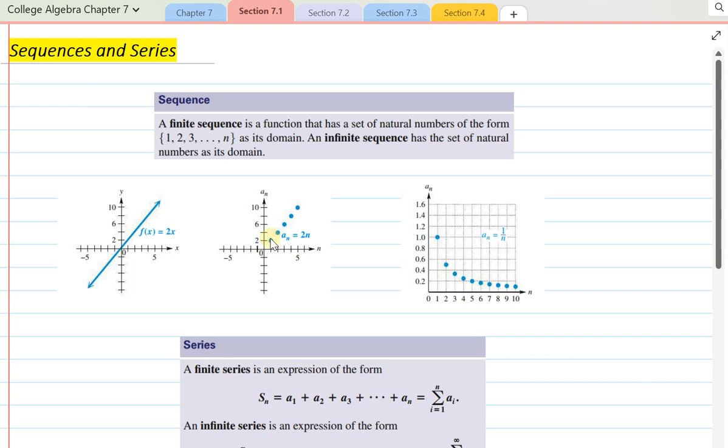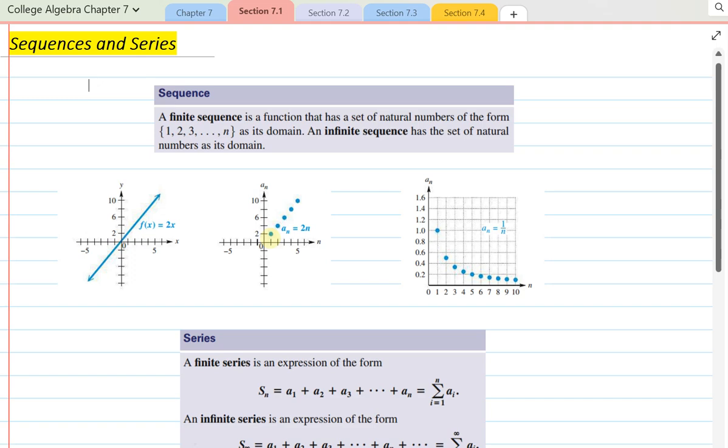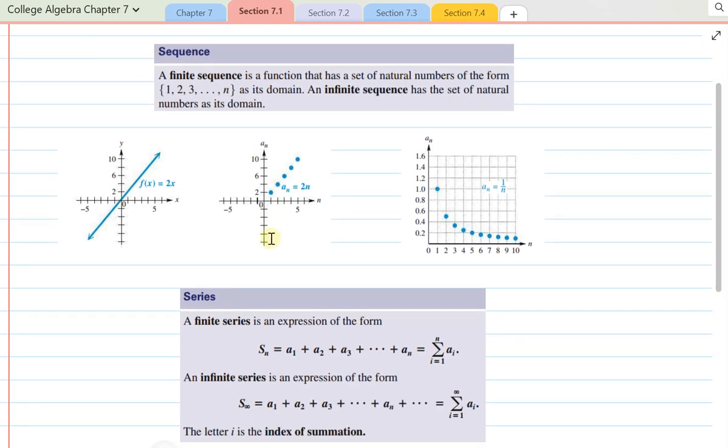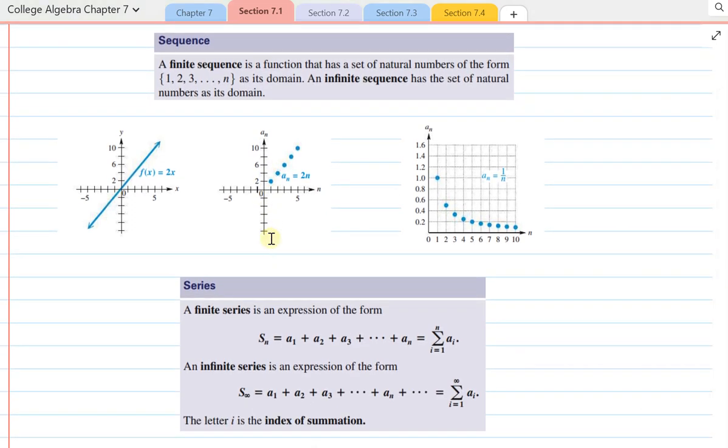Now, as far as the notation is concerned, by the way, because different textbooks, different authors have different notations. One thing that I can do here is I can write different notations for a function. So for instance, in the book we're using, the author uses a sub n. All right, so I can use the function notation here, like the book has.